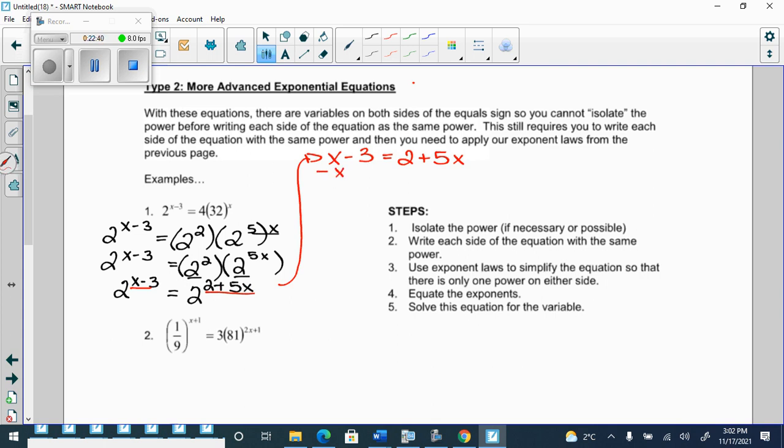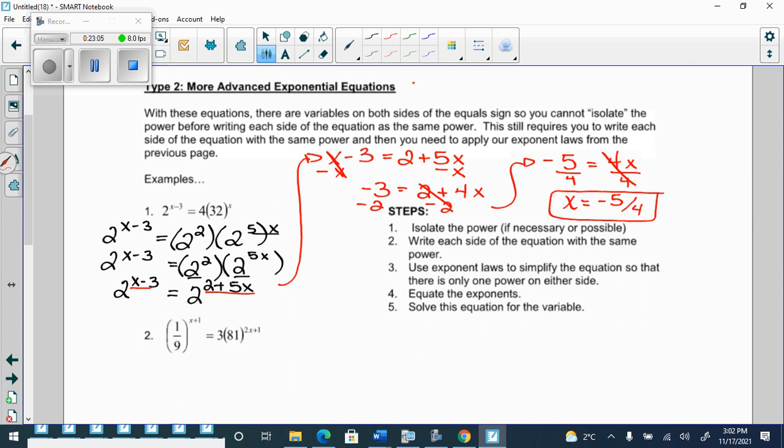And then subtract my 2. Negative 5 equals 4x. And divide by 4. x equals negative 5/4. And then I can check it by filling it in for all the x's and see if left side equals right side. I'm just solving up to that point.